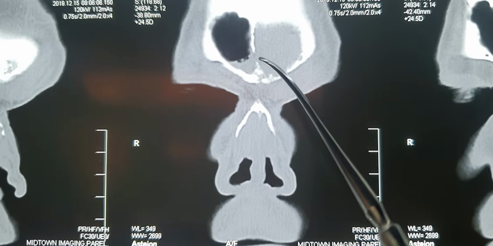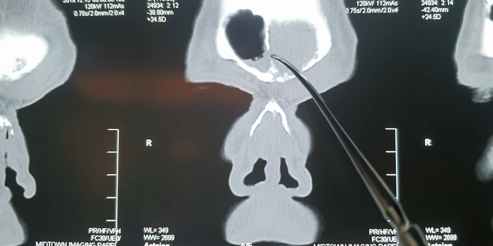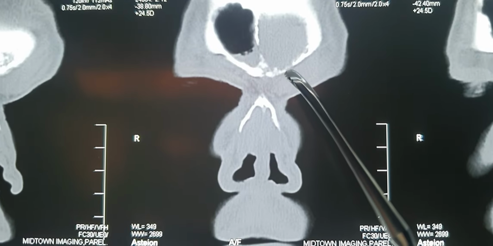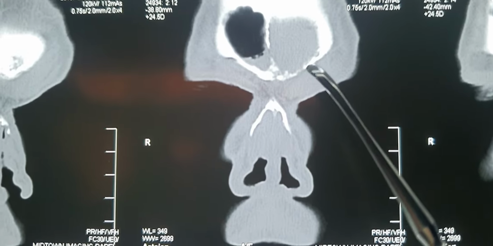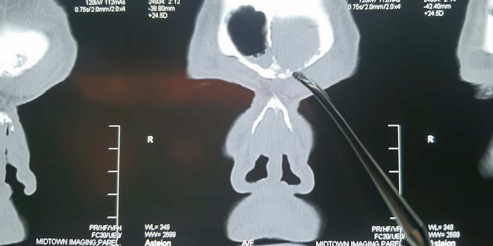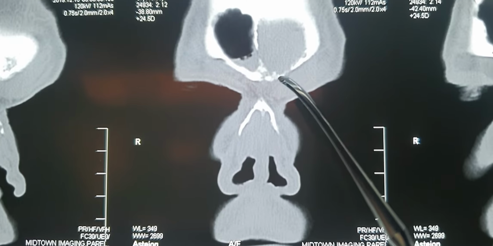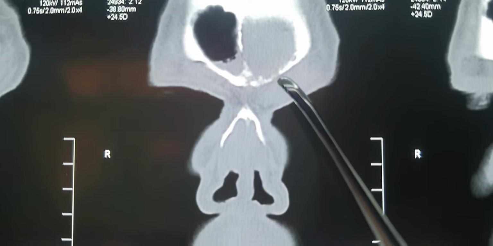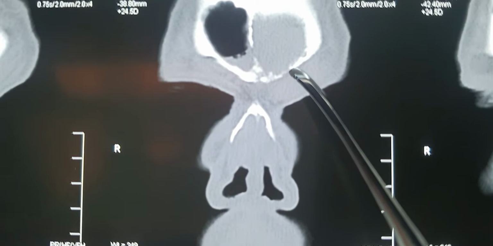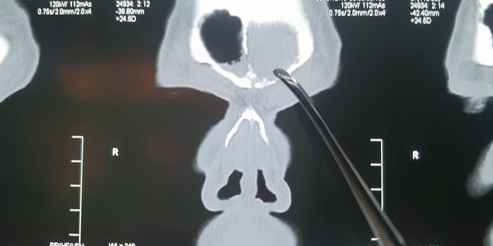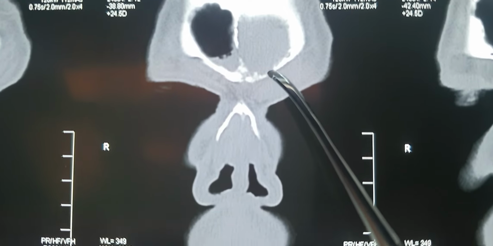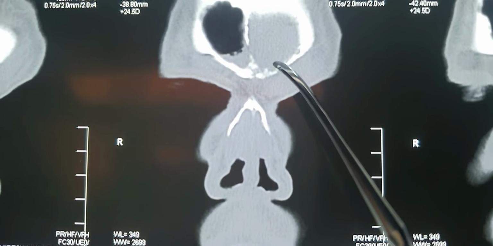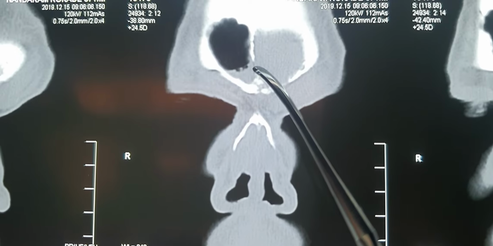You cannot say it is completely destroyed, but it is eroded. At the same time, you can see the floor of the frontal sinus anteriorly here is also minimally eroded. It is not completely destroyed, as you can still see a thin segment of bone lying around here. So this is a case of partial erosion of the floor of the frontal sinus and the interfrontal sinus septa.